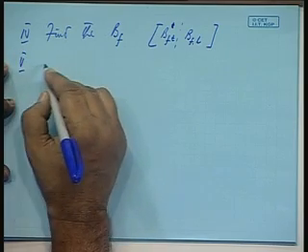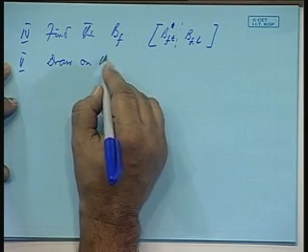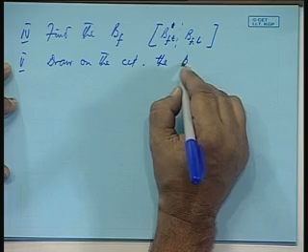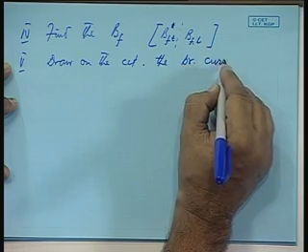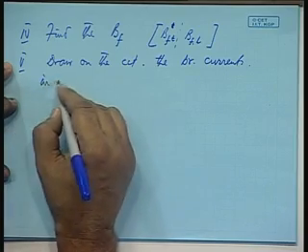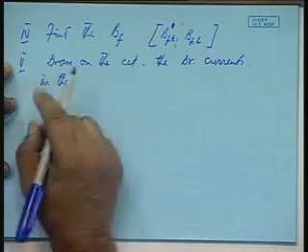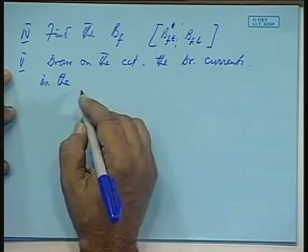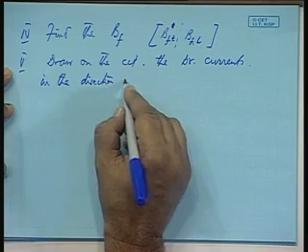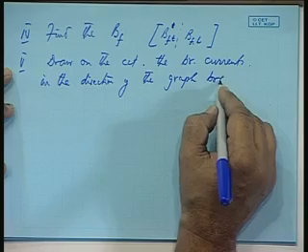Then we draw on the circuit the branch currents in the direction of the graph. Normally, we choose the direction of the graph as the direction of the current through a particular element, in the direction of the graph branches.